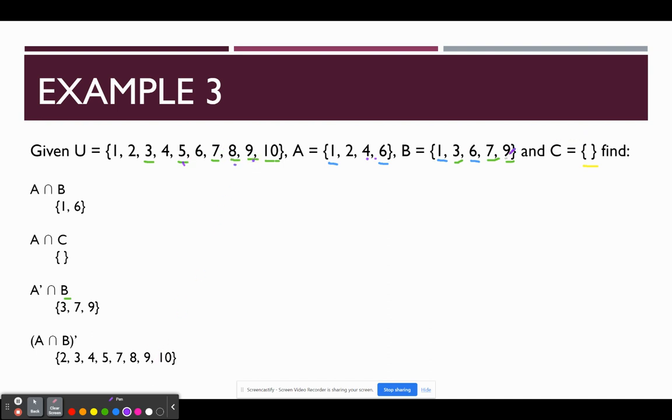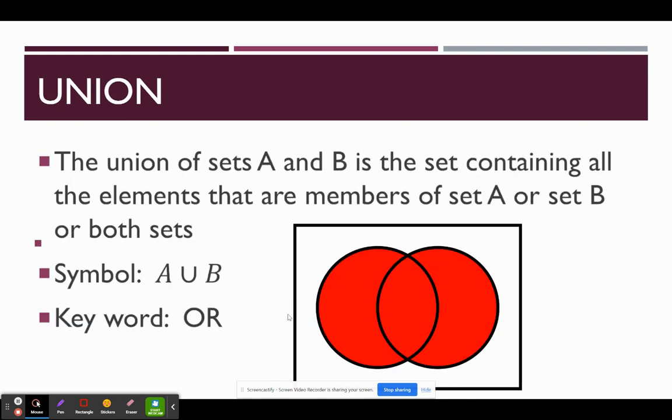Well, actually, take it back. 9 is found in B, but it's not found in A. And then 10, which is not found in either. So this is the complement of A and its intersection with B. All right. Again, check the text if you're not sure. It's going to help more. There are just a couple of quick examples to get you started.